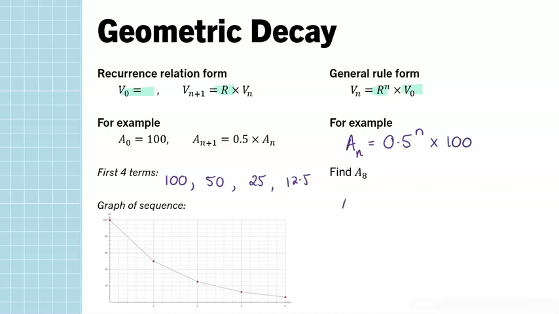When I have to find A8, I'm substituting 8 into both places. So 0.5 to the power of 8 times 100 will give me a value of 0.390625 for that A8.